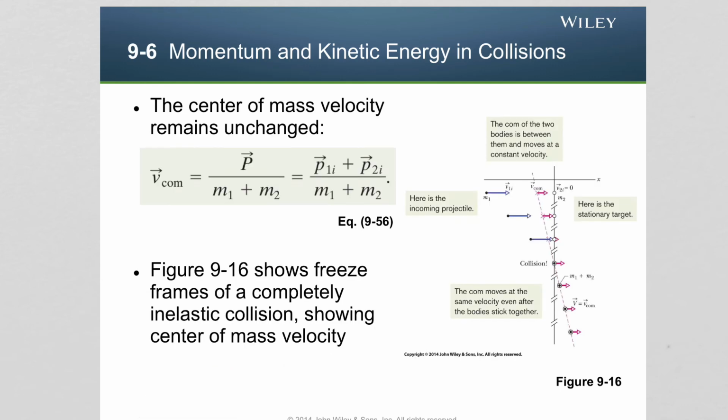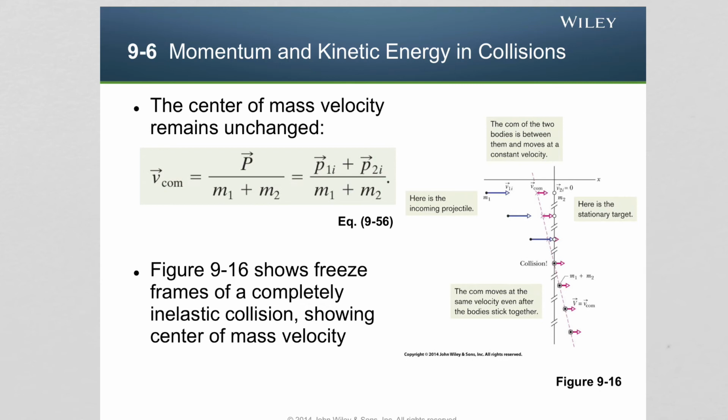In a closed isolated system, the velocity vcom of the center of mass of the system cannot be changed by a collision, because with the system isolated, there is no net external force to change it.